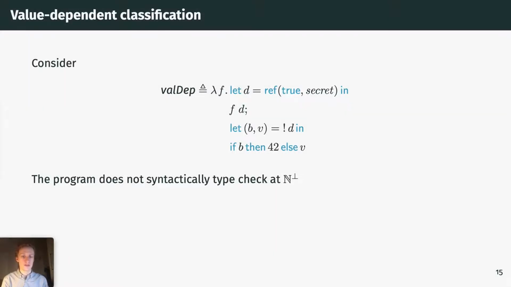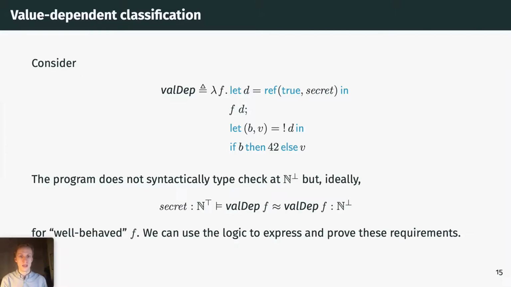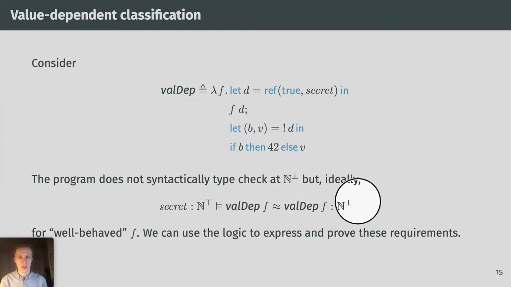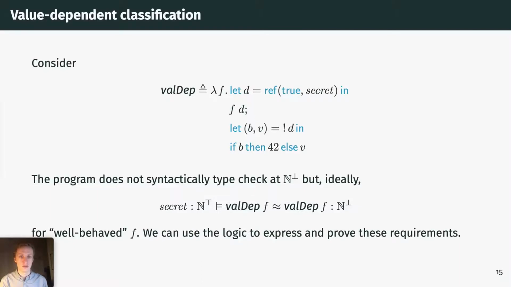However, even though our type system cannot see this invariant, there might be hope that we can do this in our model. And yes, ideally, we should be able to prove that the program with well-behaved f functions inhabits our relation. So of course, it relies on f maintaining this invariant that we're talking about.